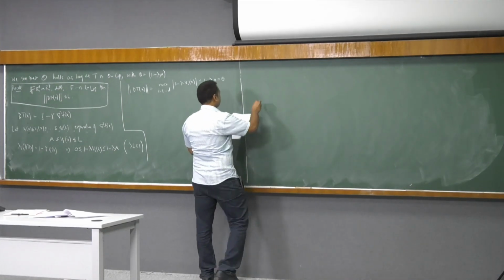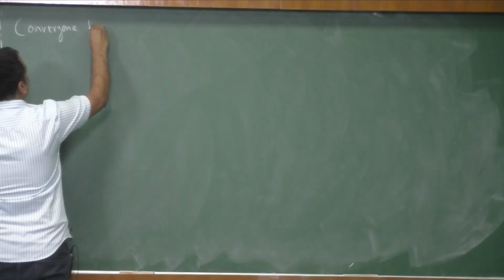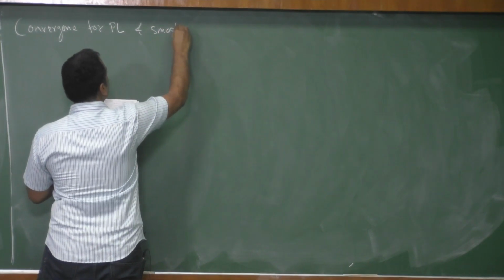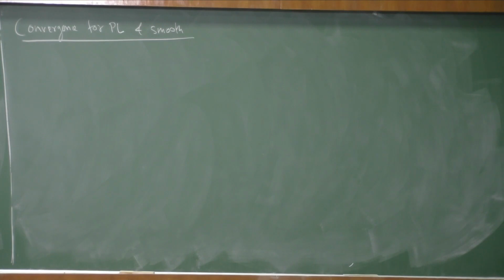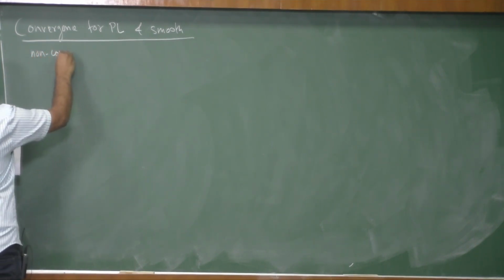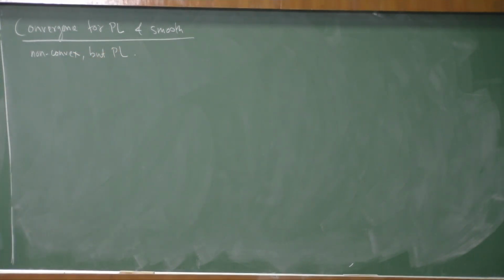So here it can handle non-convex functions, but those non-convex functions must be PL. What is important to note for PL is that their minima are also global minima, although they are not convex.